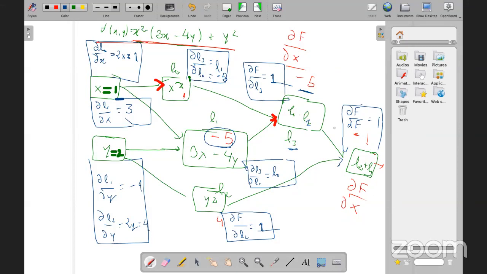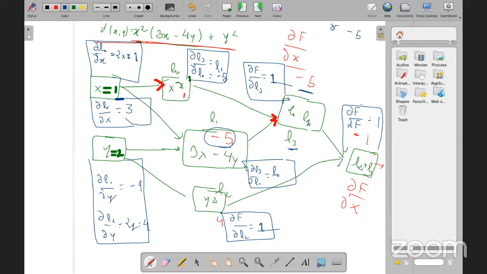Even though they are not fractions, let's treat them like fractions because we just want to cancel them out. So just multiply this, this, and this, and you will get one portion of df by dx. So 1 times 1 times minus 5 times 1, so that would be simply minus 5.